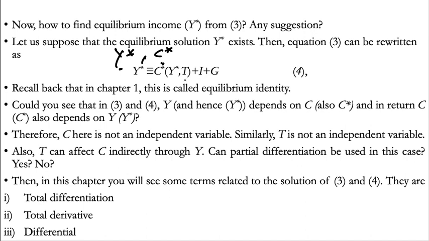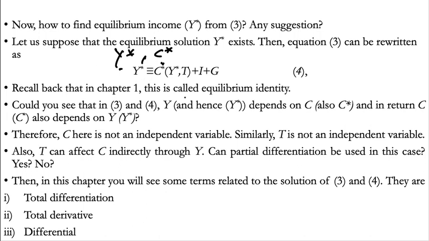There is no star sign for T, I and G because all of them are exogenous, so we cannot calculate them; the factors that affect them are outside the system or equation.